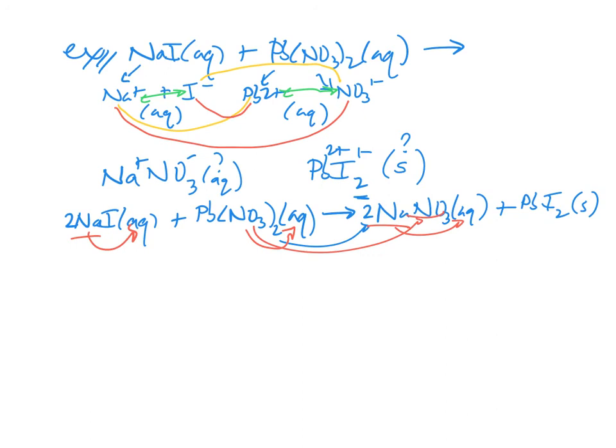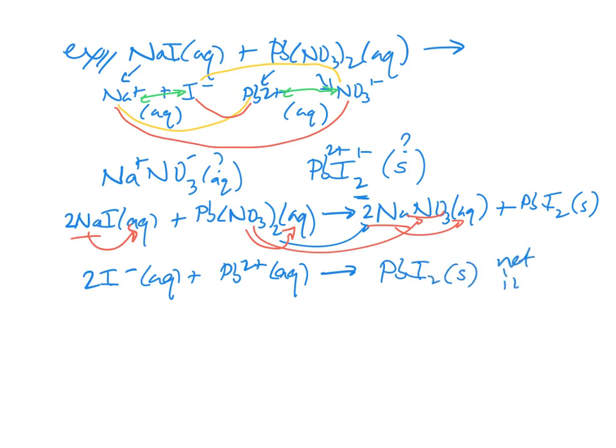And so neither one of them does anything, doesn't undergo a change. Their charges remain the same, their phase remains the same. So the ions that we're concerned about that are actually involved in the action would be the 2 iodide ions and the lead 2+ ion. And they make the PbI2 solid. That would be our net ionic equation, which we'll talk more about again as well.